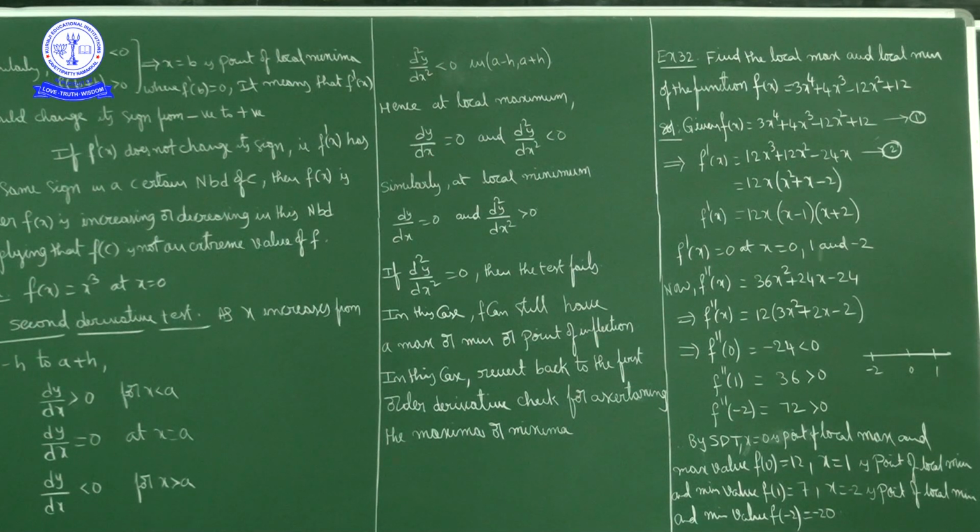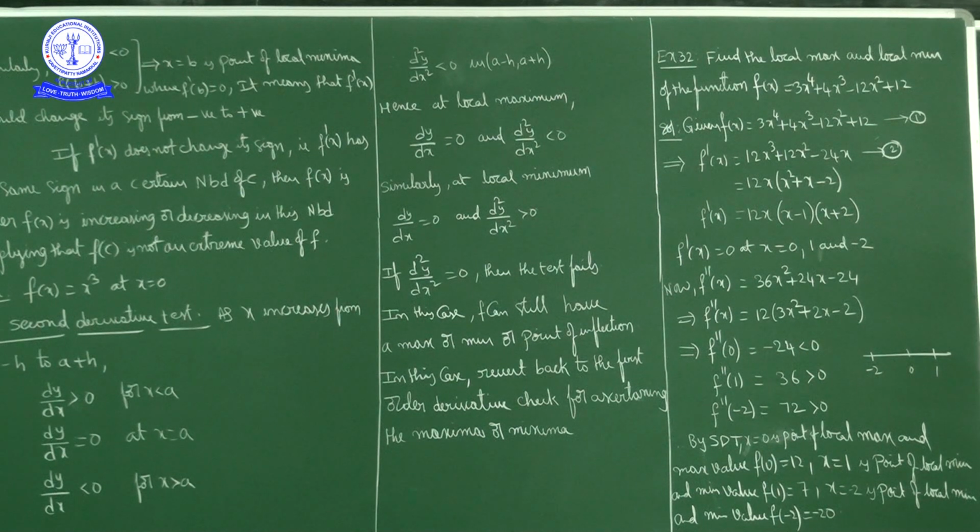Now what does it mean? First, for a given function, find the derivative. Suppose f of x is given, find f dash of x. Equate it to 0, that is dy/dx equal to 0, or f dash of x equal to 0. So we will get some values of x where f dash of x equals 0.